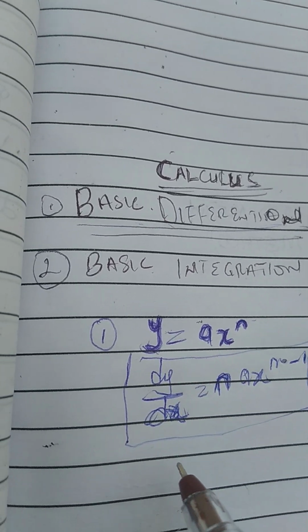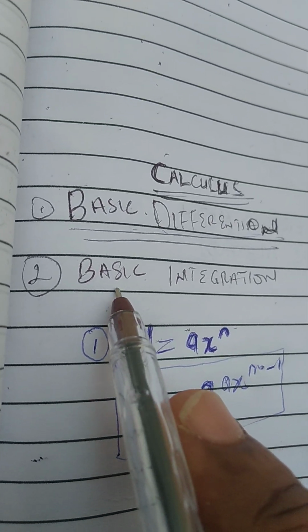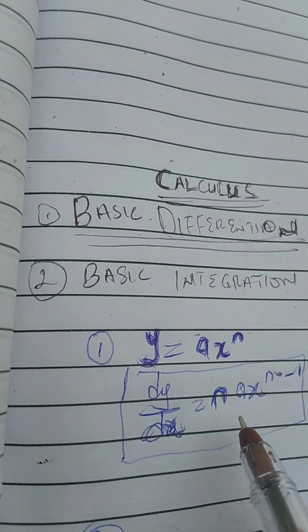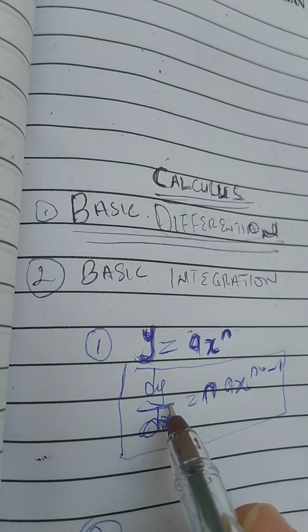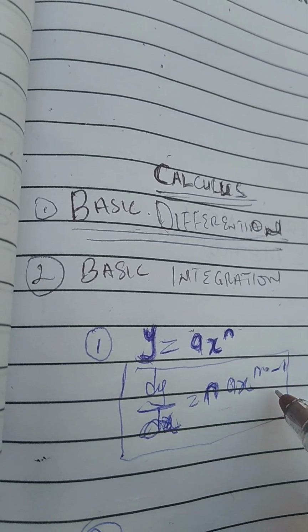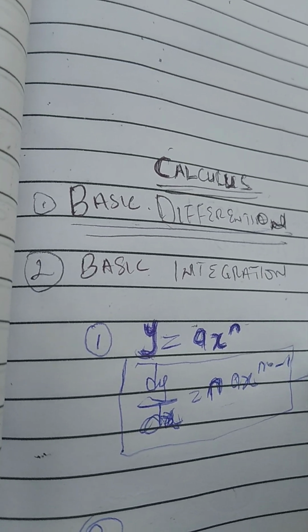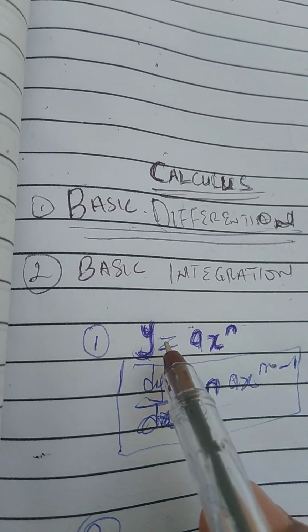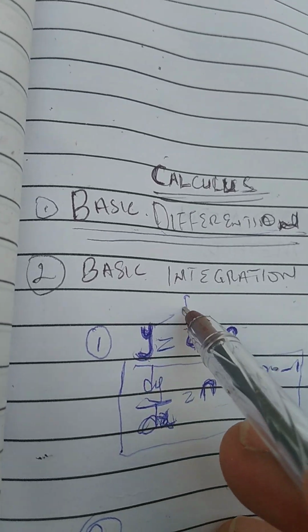Now, when we move to the basic integration, if you have been given this particular result we have here, it is called the derivative. Let's say you have been given a derivative and you want to find the function y. This y is called the function.